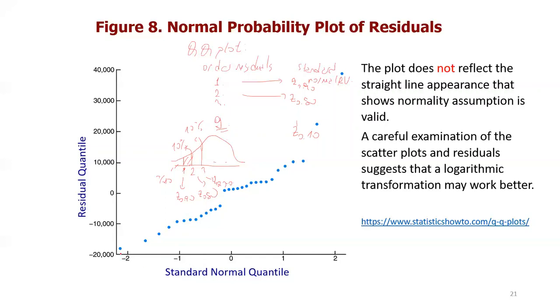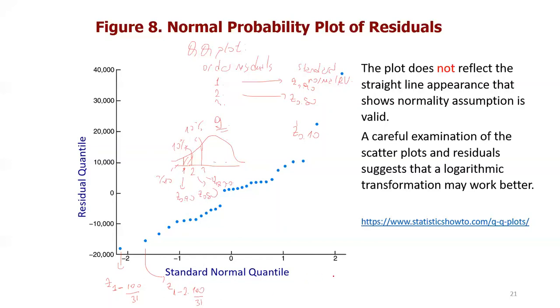So for example, since we have 30 residuals, what is z sub the first one? This is z sub 1 minus 100 divided by 31. How about the second? This is z sub 1 minus 2 times 100 divided by 31.